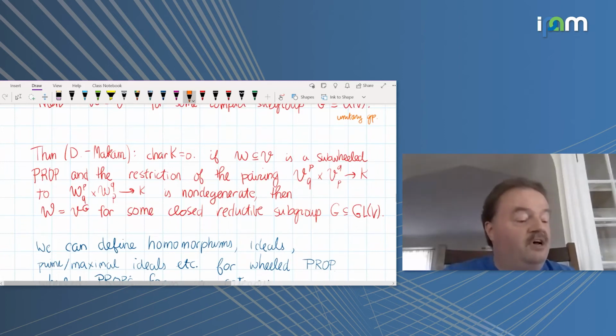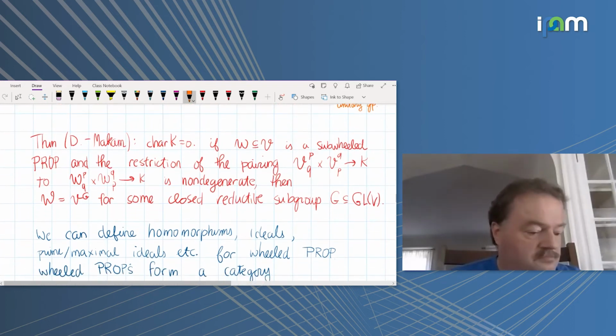One can define what it is to be an ideal in a wheeled prop, and this condition means that the only ideals are zero and the whole space.